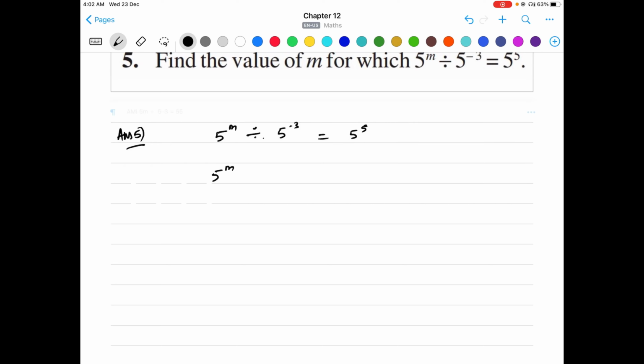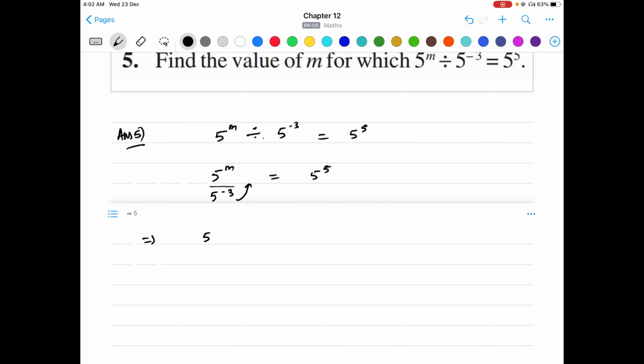Okay, so what we have here is 5 power m. This is divided by, that means we'll write in division form, 5 power minus 3 equals 5 power 5. Okay, now we're going to shift this number to the numerator, so its negative power will change to positive.